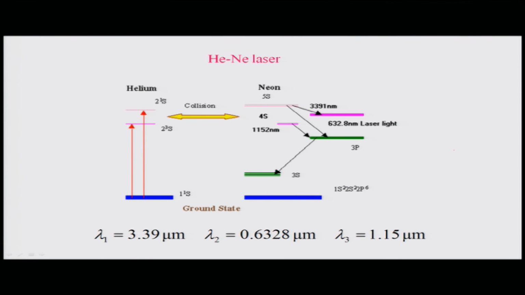Through collisions into the neon system, we are able to get lasing. The first lasing, however, was shown at 1152 nanometers, whereas today the one more typically used is 632.